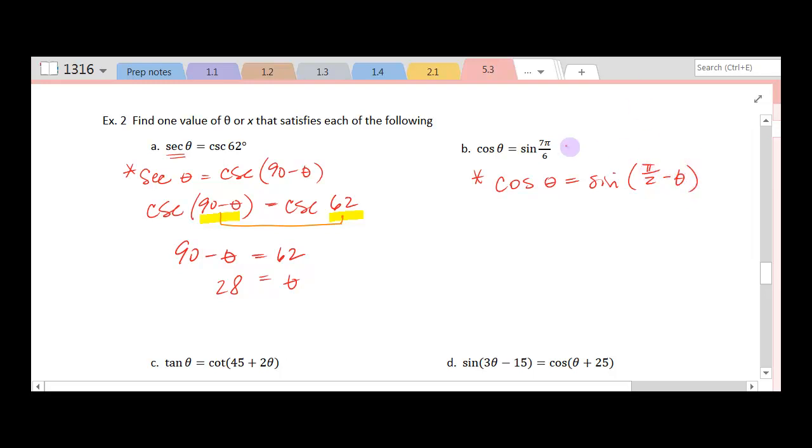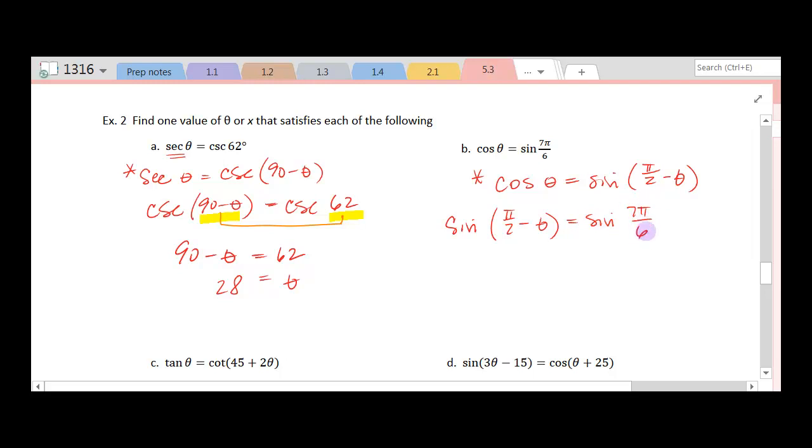Now remember, because I'm dealing in radian measure, I don't use 90 degrees, I use its radian equivalent, which is pi over 2. So I'm going to replace the left-hand side with the sine of pi over 2 minus theta, which is equal to the sine of 7 pi over 6.